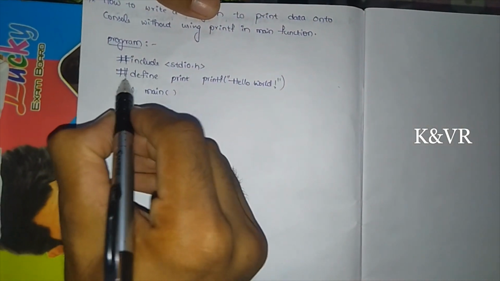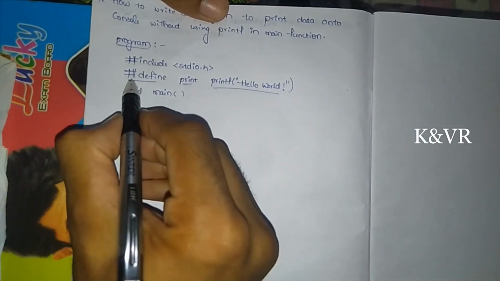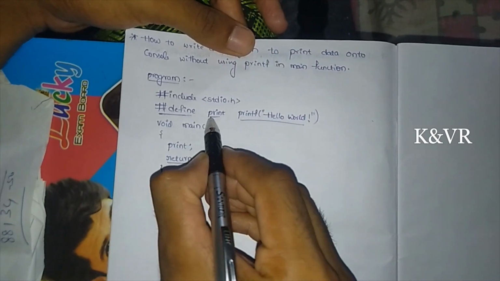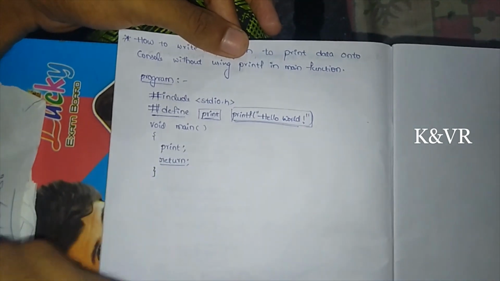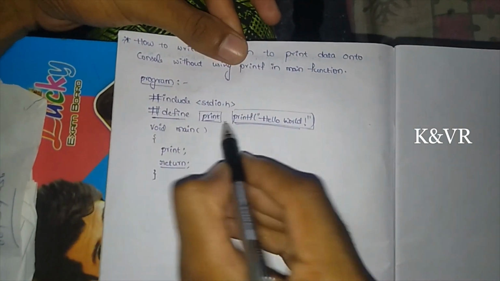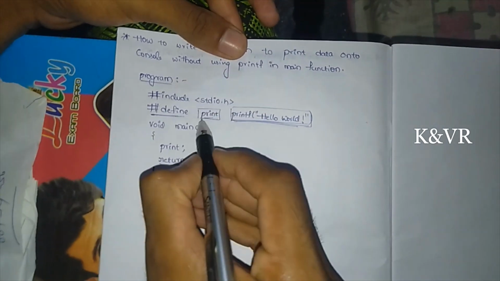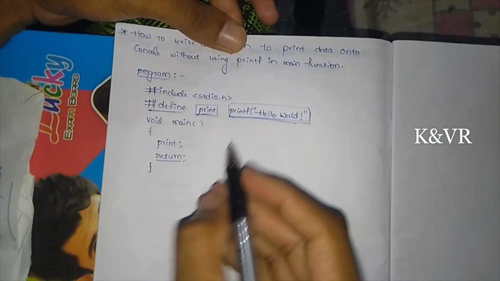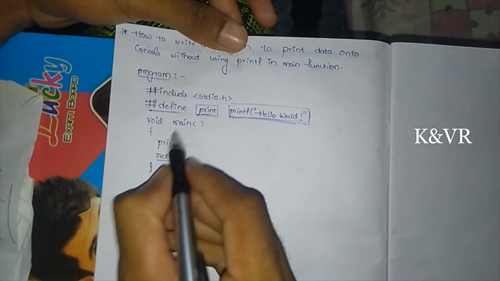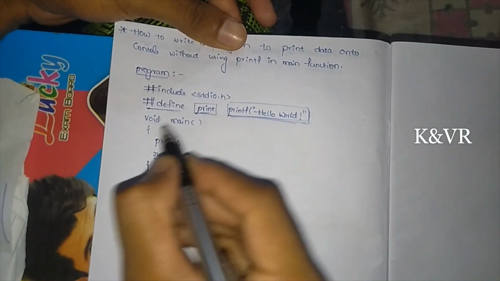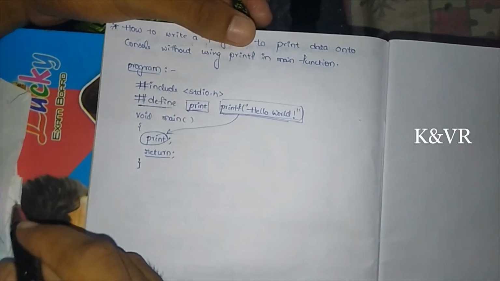Here, #define print printf. In this statement, #define means it will define this print as printf hello world. Here we are renaming printf as just print, and now while we use this print in this main function, it will be replaced with printf while executing.